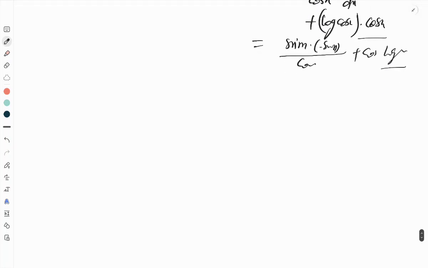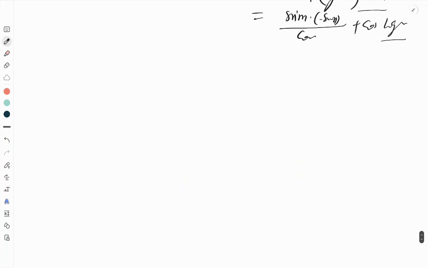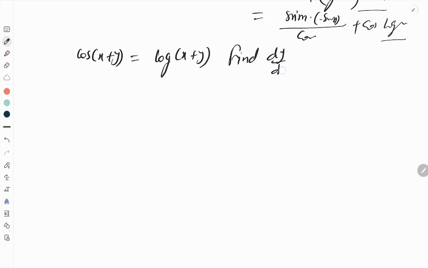Let's see one more type of question they may ask you. I'm writing one question: cos of x plus y is equal to log of x plus y. Find dy by dx. In this one, nothing you have to do, just take the derivative on both sides. So dy dx and dy dx. Now dy dx of cos of x plus y: try to remember the standard, if this were x, then it will be sin x, but it is not x, it is x plus y.